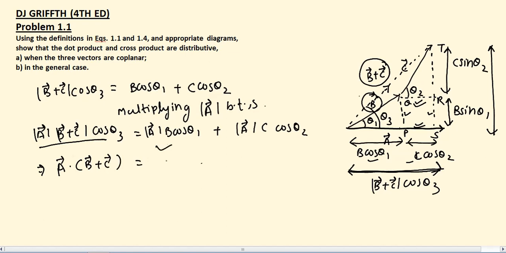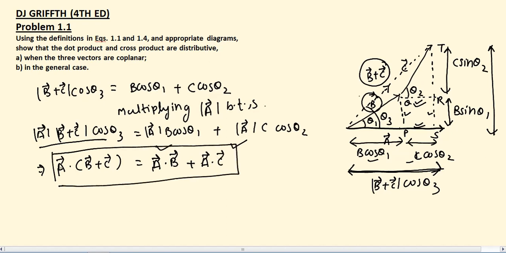This expression represents the dot product of A vector and B vector. This expression represents the dot product of A vector and C vector. So this is the final result, and this shows the dot product is distributive.